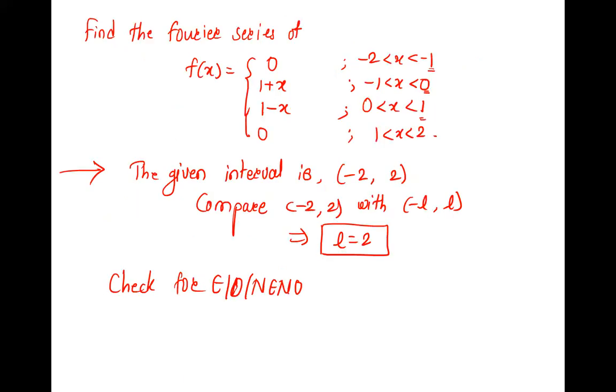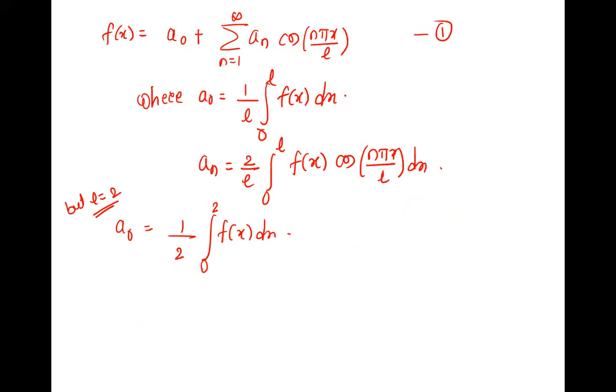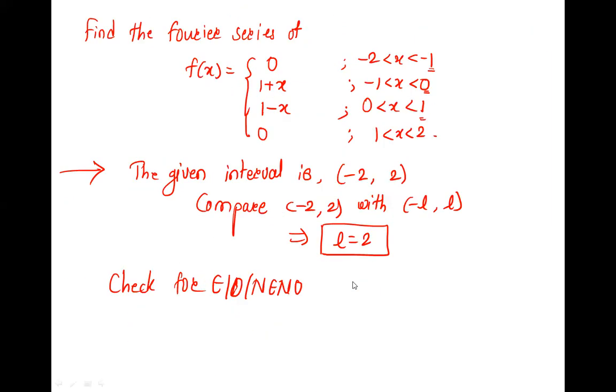We don't have to think about minus 2 to minus 1 and minus 1 to 0, we'll only think for 0 to 2. But it breaks: add 0 to 1 and 1 to 2. So the integration breaks as 0 to 1 and 1 to 2. In 0 to 1, what is the function? 1 minus x.